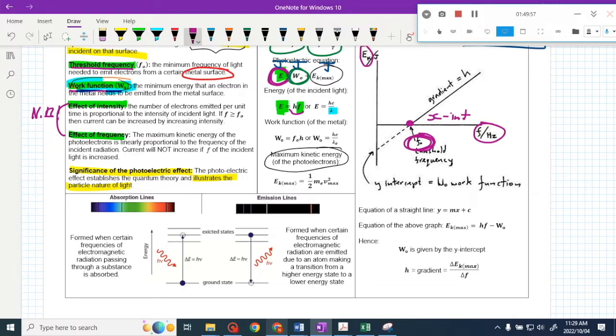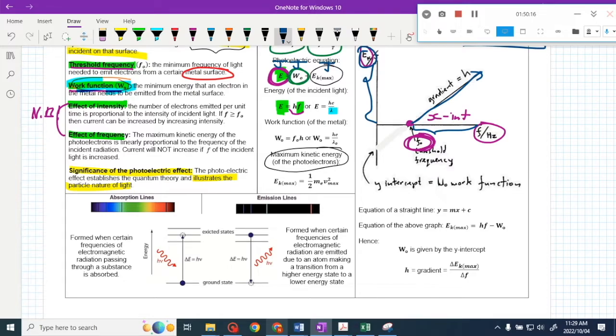Before the threshold frequency, there's actually nothing on the graph. When light of a frequency above the threshold frequency shines onto the metal, then and only then does the metal have kinetic energy, and that is why the graph increases.